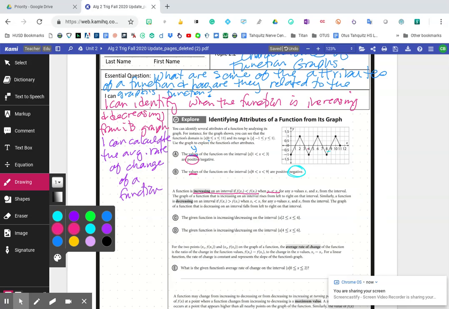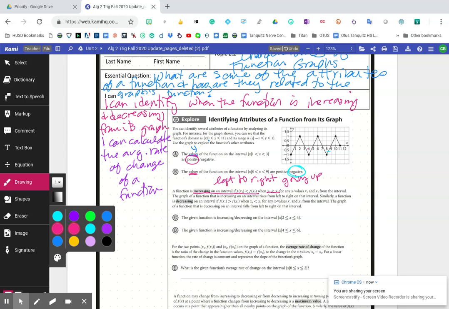What that basically means is as you read it from left to right, it's going up. Okay, that's what increasing means. The graph of a function that is increasing on an interval rises from left to right on the interval. There it is, right there. It says exactly what I explained.